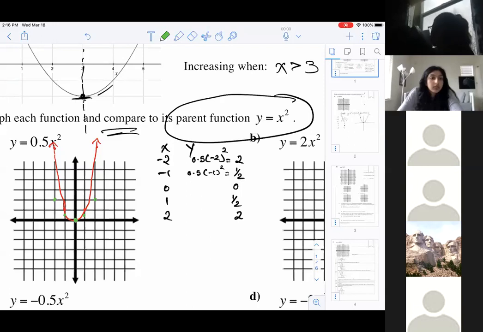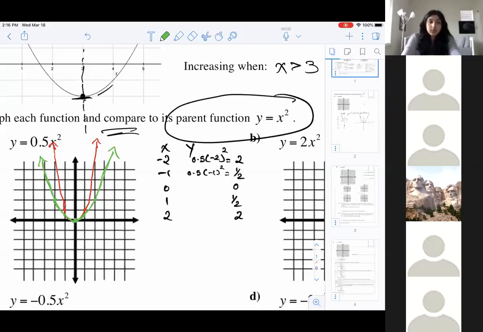Now look at my new graph, which is 0.5x squared. Did you all get that graph?